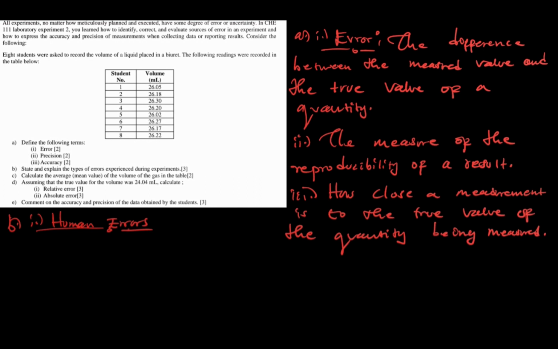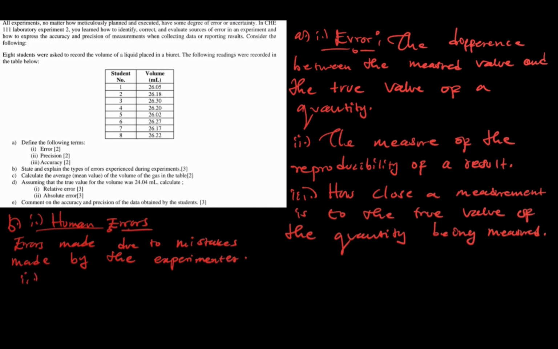So basically, human errors are errors made due to mistakes made by the experimenter, which is the person conducting the experiment.